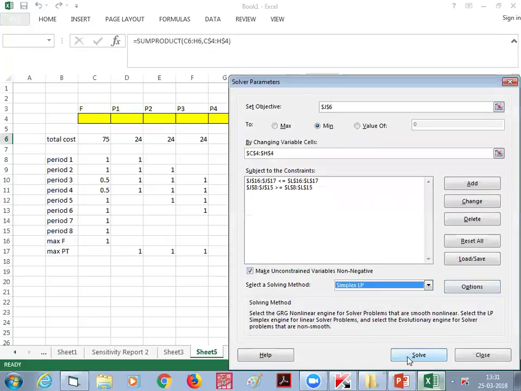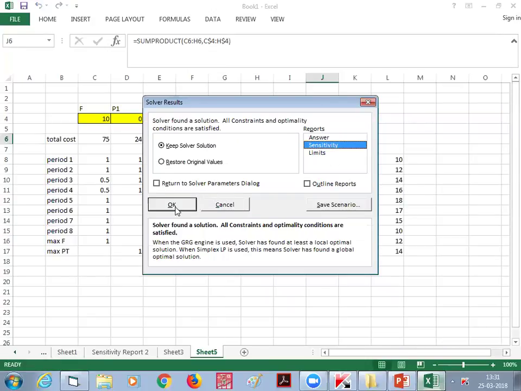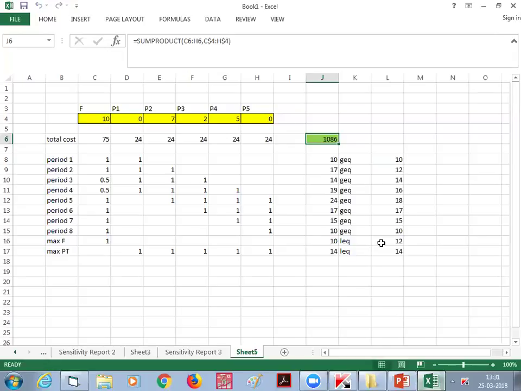Okay. And here we are. So 10 full-timers, 7 part-timers starting at 10 o'clock, 2 part-timers starting at 11 o'clock, and 5 part-timers starting at noon. That's the minimum required number. Okay, so very simple.